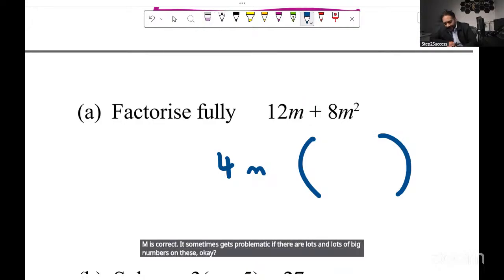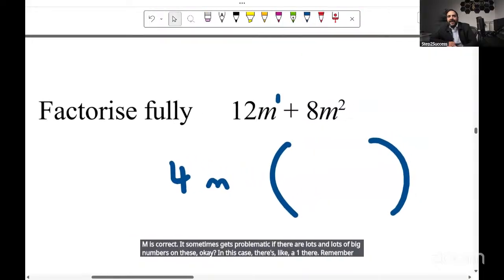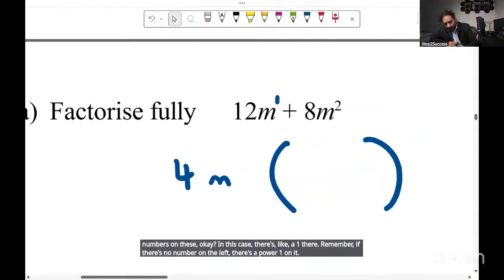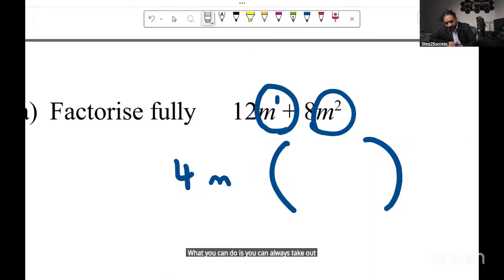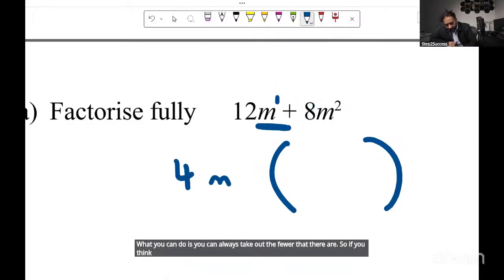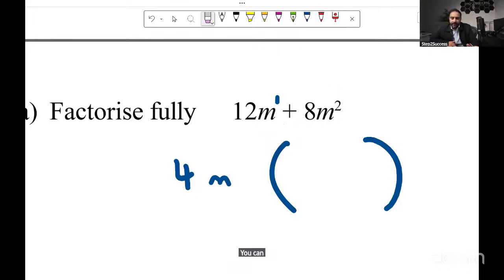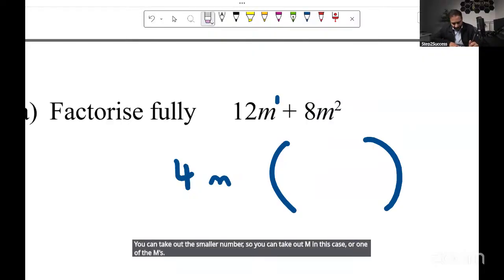In this case, there's like a 1 there. Remember, if there's no number on a letter, there's a power 1 on it. What you can do is you can always take out the fewer that there are. So if you think about it, there's 1 here and 2 there. You can take out the smaller number, so you can take out M in this case, or one of the M's. 4M, yes.